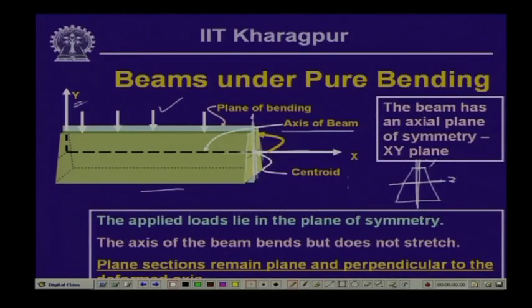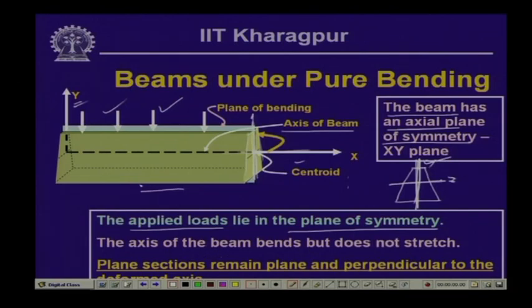We say generally that the beam has an axial plane of symmetry, which is the xy plane in this case. That means the section is symmetrical with respect to this plane. Also, the applied loads lie in the plane of symmetry. This is what we assume here.